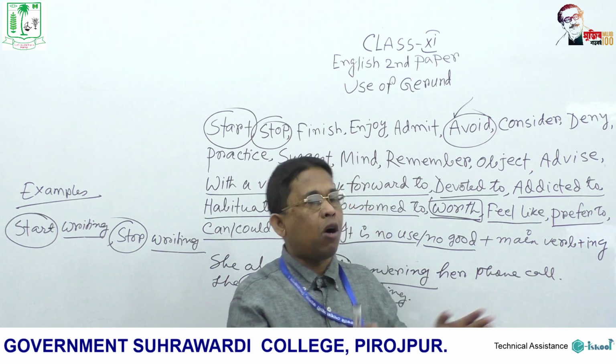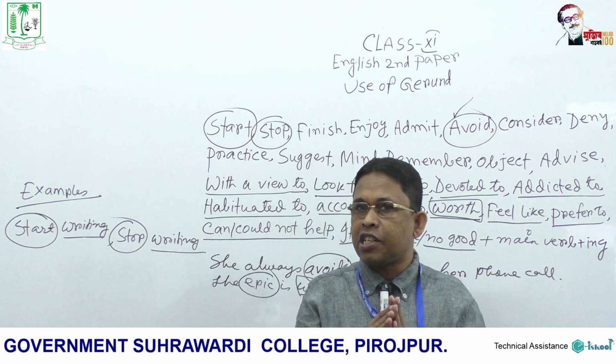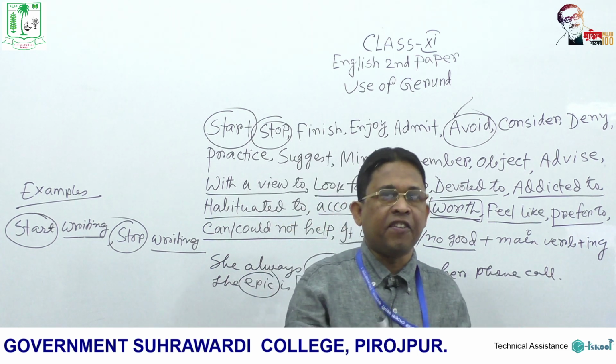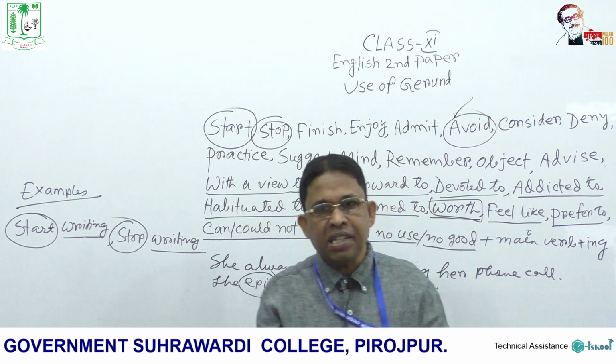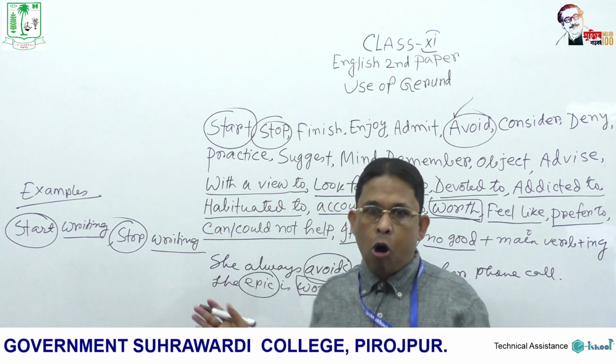If he falls, the whole nation falls; if he wins, the whole nation wins. His defeat is the defeat of the whole nation, his victory is the victory of the whole nation. Epic means Mahakabya.